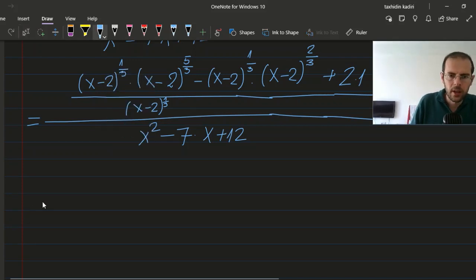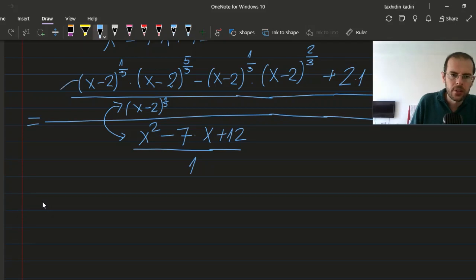Now what we have here is the inside, this is the outside. Inside will multiply with inside, and this outside expression will multiply with the outside. Remember, when this expression is divided by 1, it will be all this expression, it will not be changed.